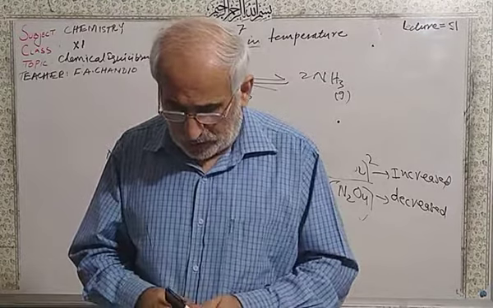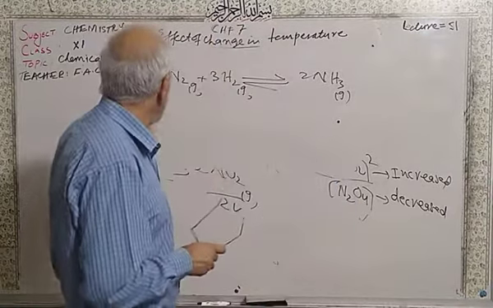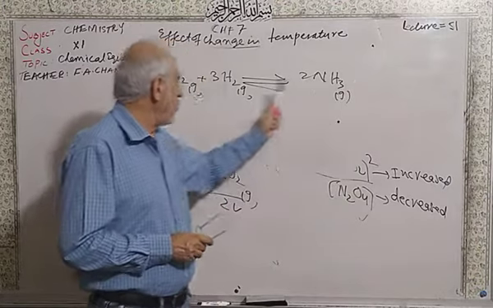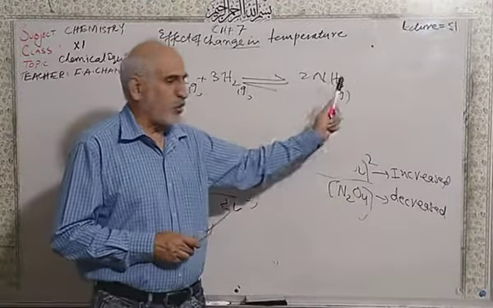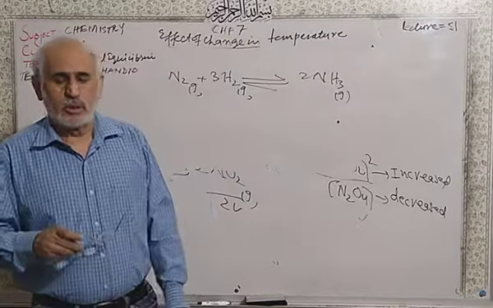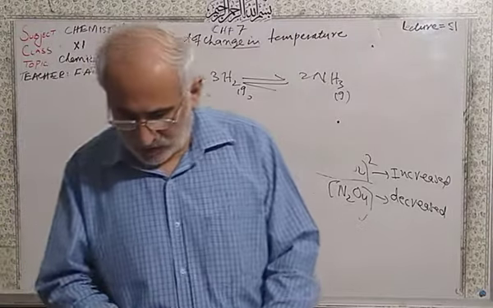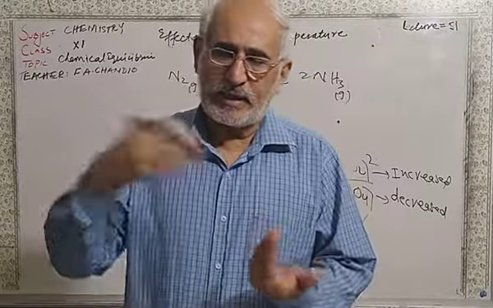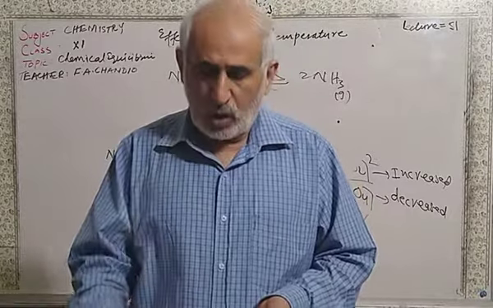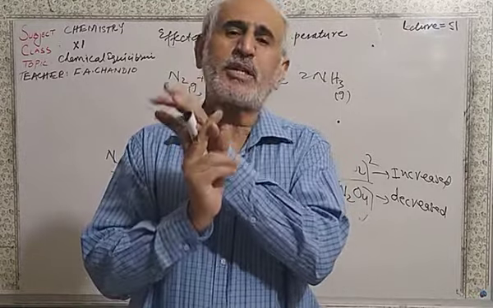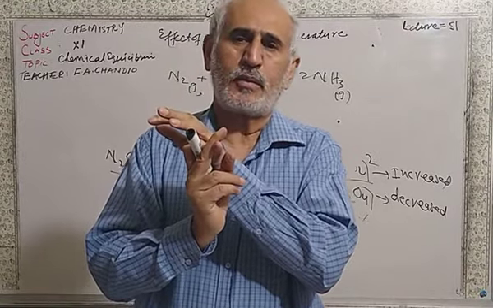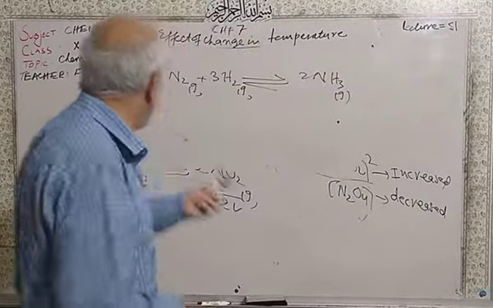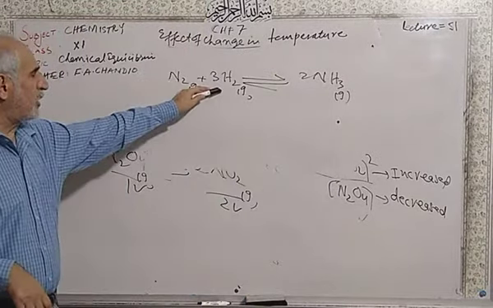So when you look at this, the forward process is exothermic, with fewer moles on the product side and more moles on the reactant side. The process is exothermic, the number of moles is decreasing on the product side and more on the reactant side, so the condition of low temperature is required. About 400 to 450 degrees centigrade is required to break the bond between nitrogen and hydrogen.